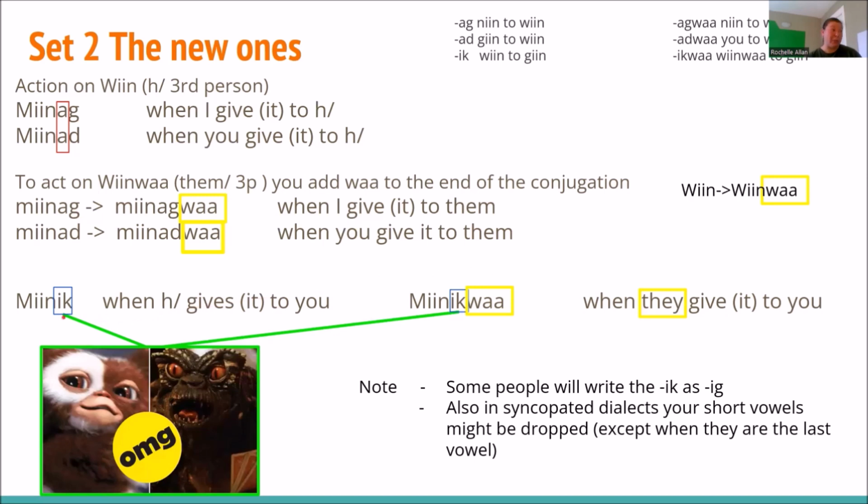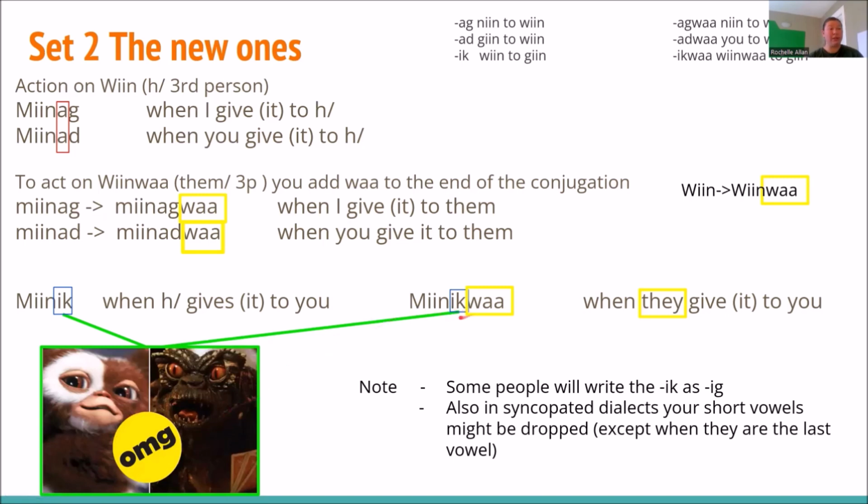So there's one last one, and it is ik. Some people write it IG. Both are fantastic. Meenik is he to you. Him or her or ween, the third person singular, to you, the person I'm talking to. Meenik. And I have this little gremlin here. We'll talk about him in a minute, why I have that.